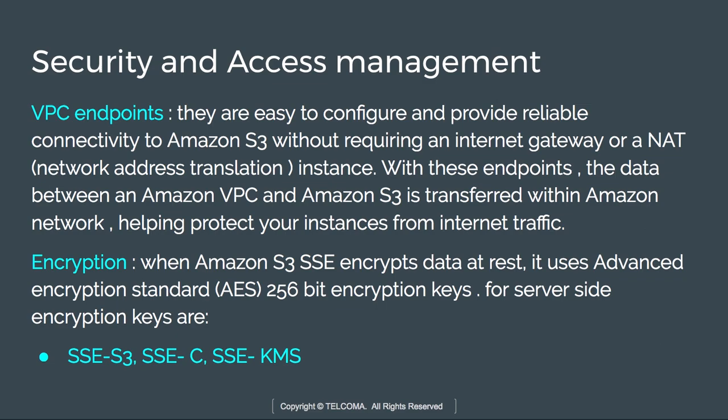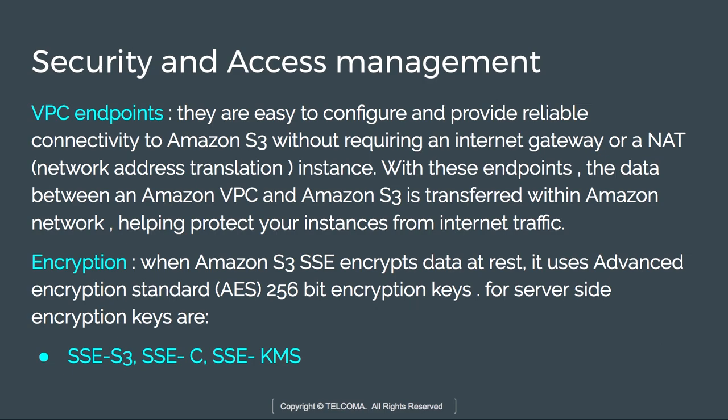That means we can send requests to S3 with the help of a VPC endpoint. Additionally, we can control which buckets, requests, users or groups are allowed through this virtual private cloud endpoint. That means we are adding security at the VPC. We can control which bucket requests can be accessed through this.